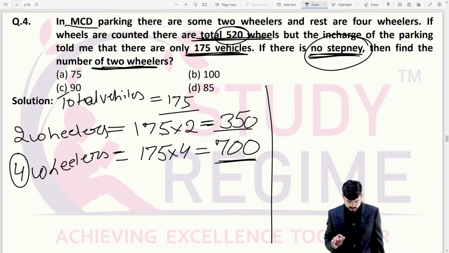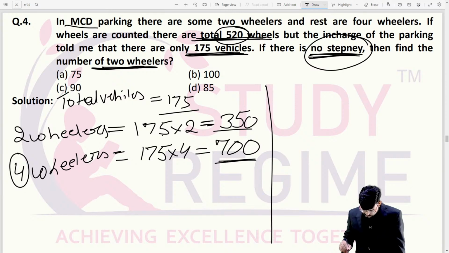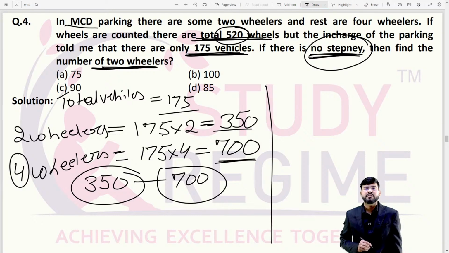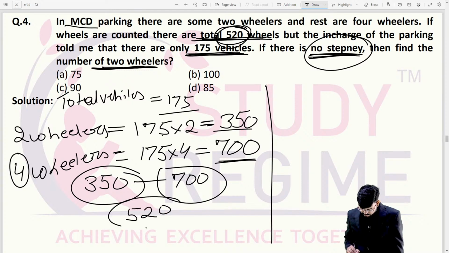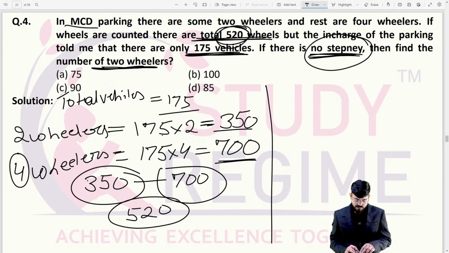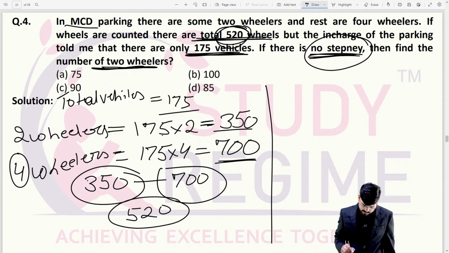Clear? Okay. Now, the given condition can be written like this. Two-wheelers give 350 wheels, four-wheelers give 700 wheels, but when mixed, we have got 520 wheels. This is the situation which we can put like this. Easy. These are two-wheelers, these are four-wheelers.